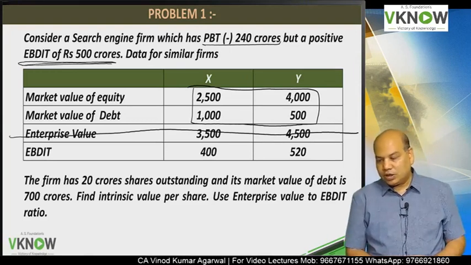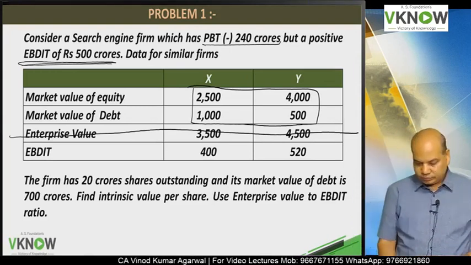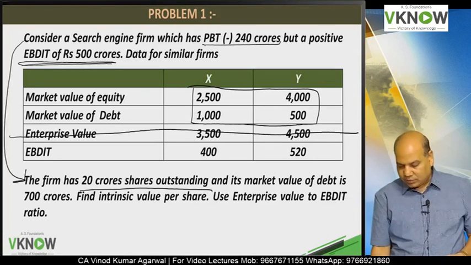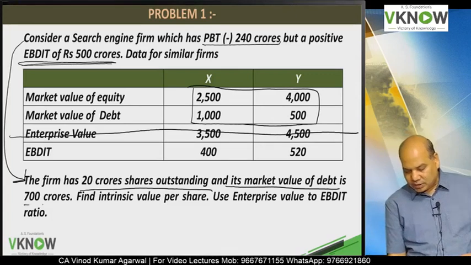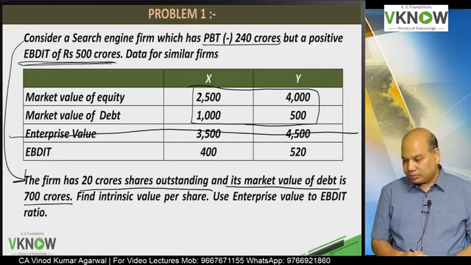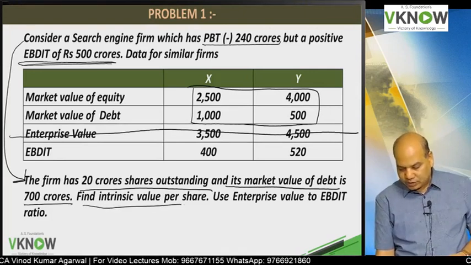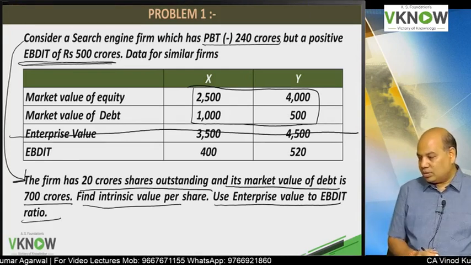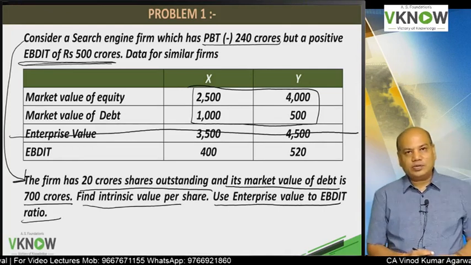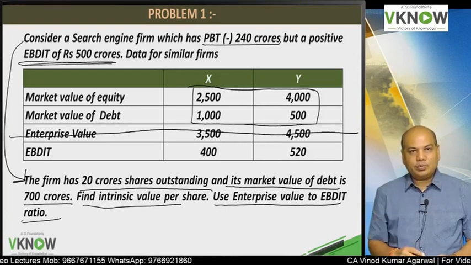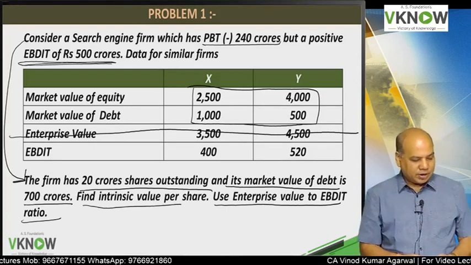The firm has 20 crore shares outstanding and its market value of debt is 700 crore. Find intrinsic value per share. Use the enterprise value to EBDIT ratio. So the method they have asked you to apply is the EV multiple, enterprise value upon earning before depreciation, interest and tax.